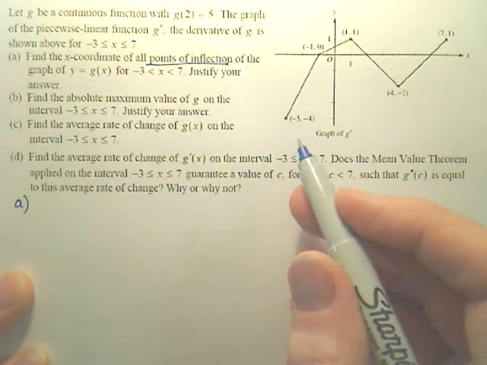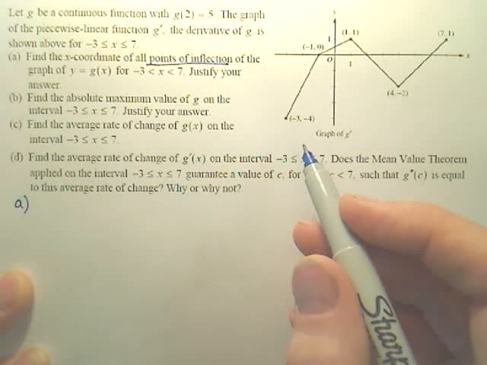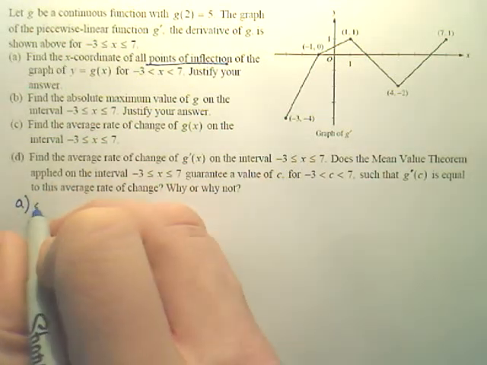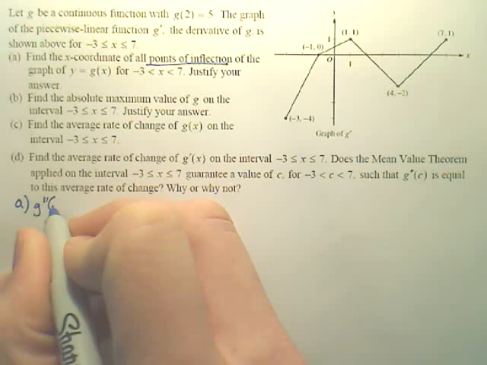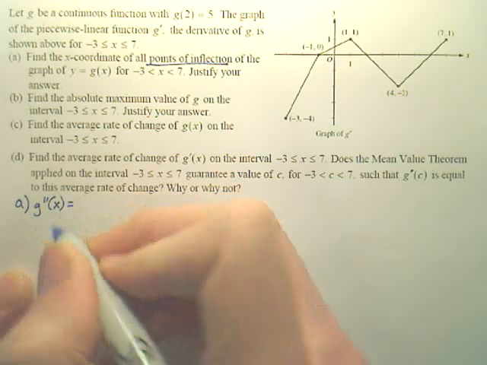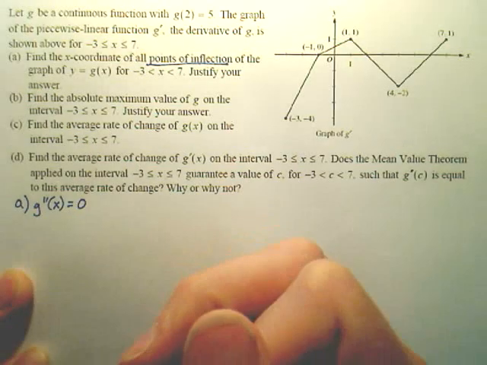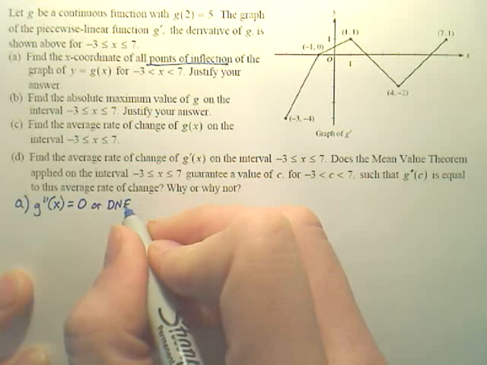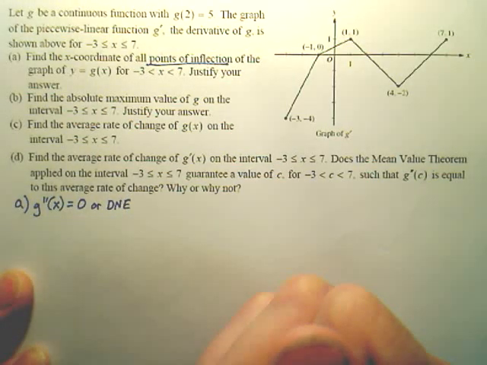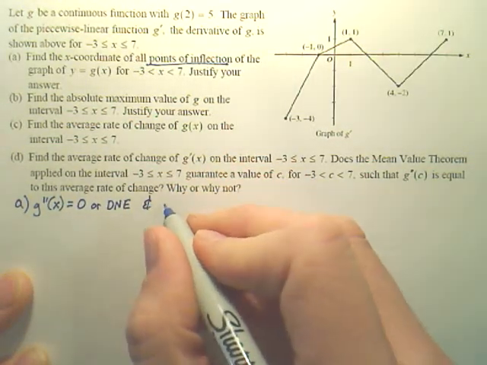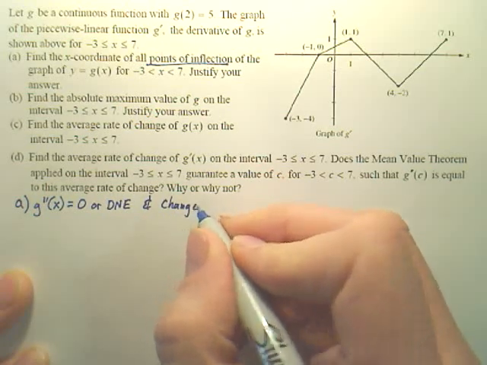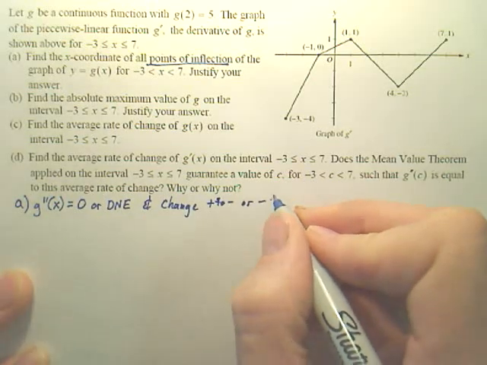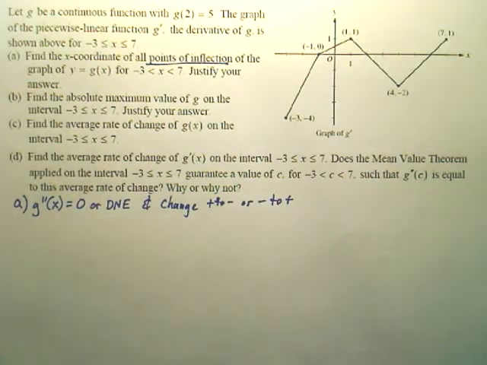So if I want points of inflection, what you have to realize is that I want to find when G double prime of x equals 0 or does not exist, and changes from positive to negative or negative to positive.